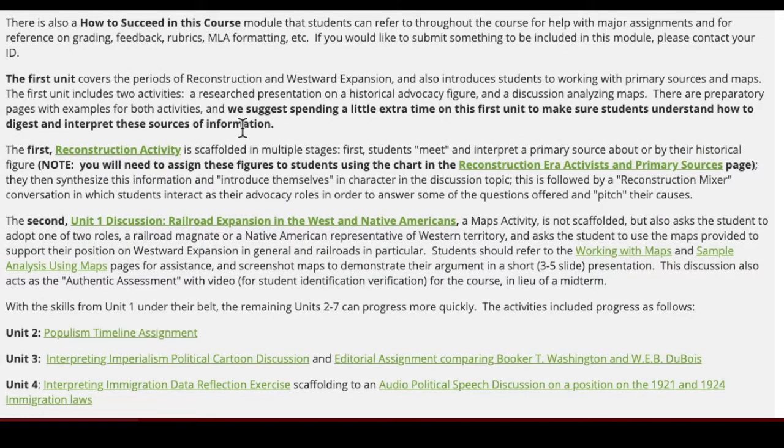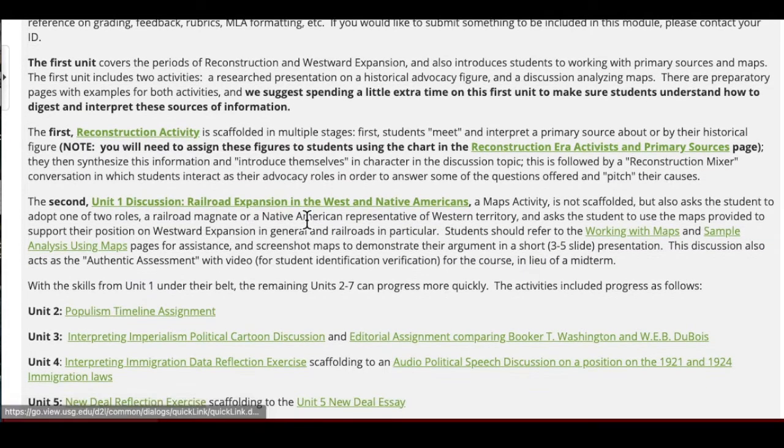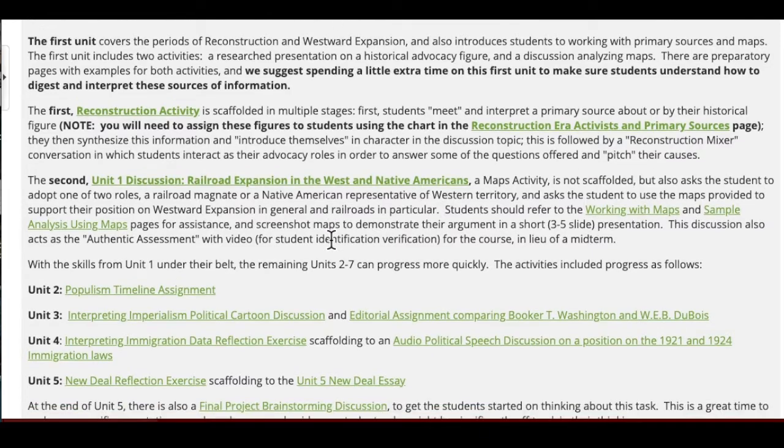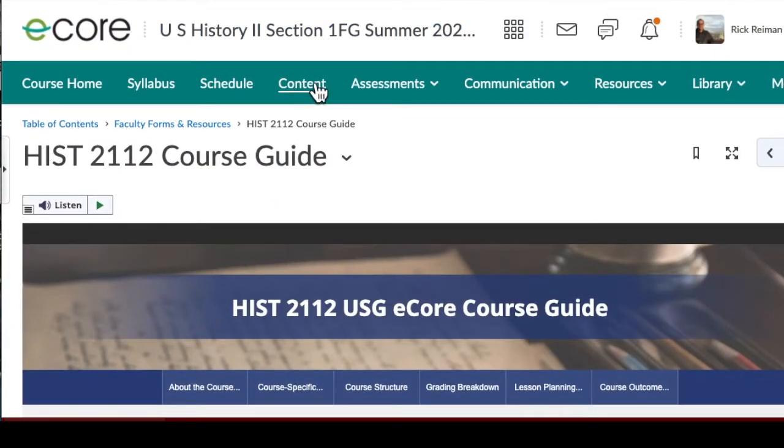But remember, this is a summer course, so even though we'll be spending almost 2 weeks on the first unit, we are spending a little extra time on the first unit, just as they recommend, and it shows you what you need to read to understand the assignments. And it's also available under course content right here.